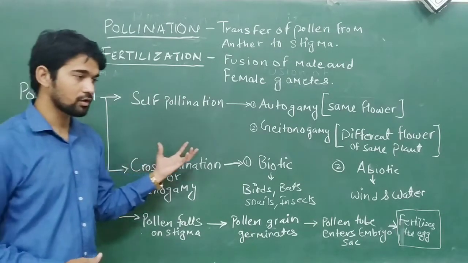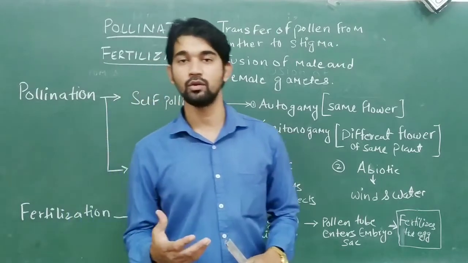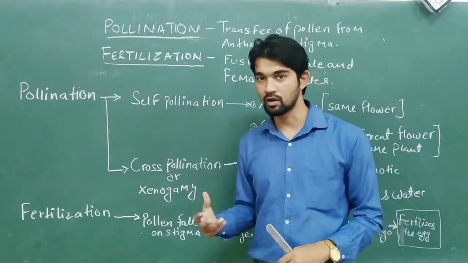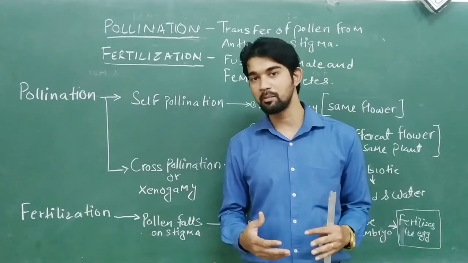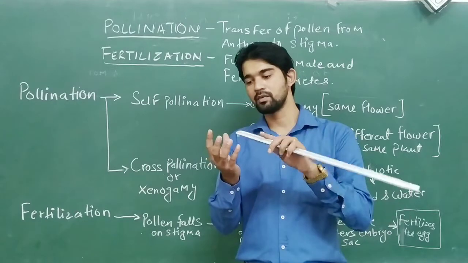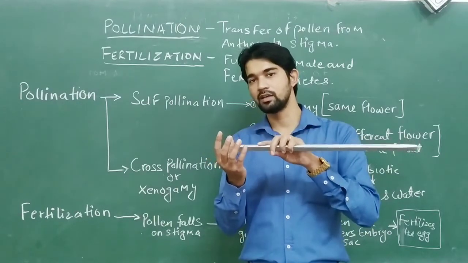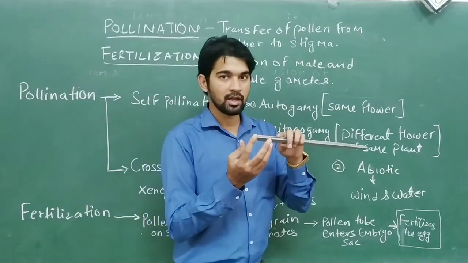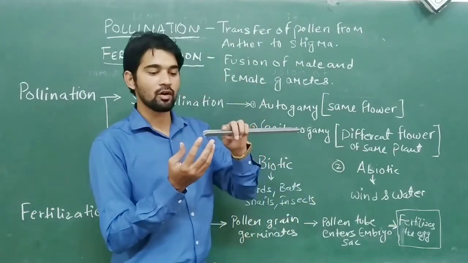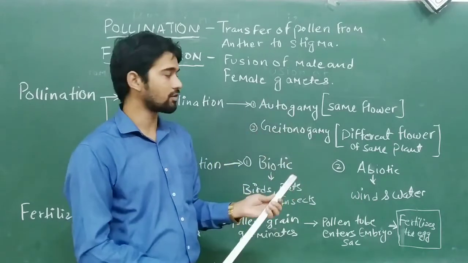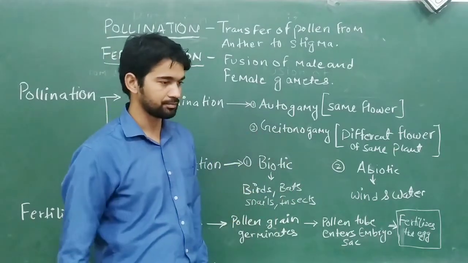Now we'll see cross-pollination. We know what self-pollination is. It is of two types. One is autogamy, the other is geitonogamy. In autogamy, the pollen grains fall from the anther to the stigma of the same flower. But when the pollen grains of the same plant fall from this anther on a different flower, then it is known as geitonogamy.